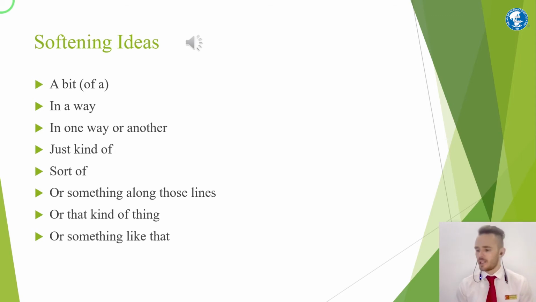Now, what I'd like you to do, before we look any more in detail at this and have your own turn, is look at these sentences that we just filled in on the previous slide. Okay, so that's section 4. Have a look, see if you can see any instances in those sentences where the speaker has softened an idea using a word or phrase similar or the same as we see on the board now. If you can find something, give it a quick highlight. Pause the video now to complete that, please.